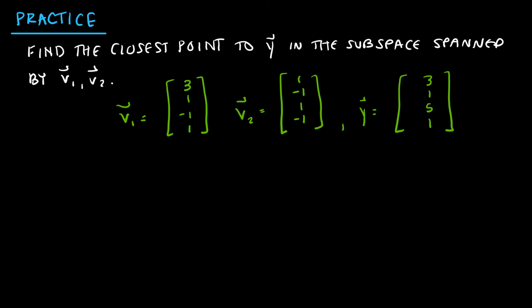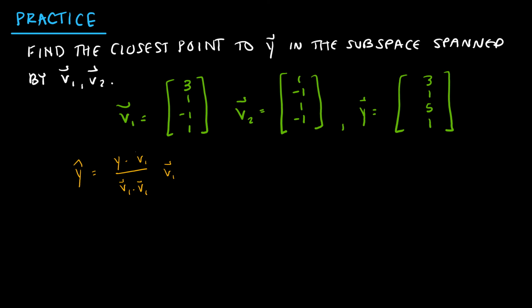So again, we know that the closest point to y in the subspace is found simply by the orthogonal projection, which means all we have to do is find y hat. And y hat can be found, in this case we have two vectors, so I'm going to take y dotted with v1 over v1 dotted with itself, multiplied by v1.